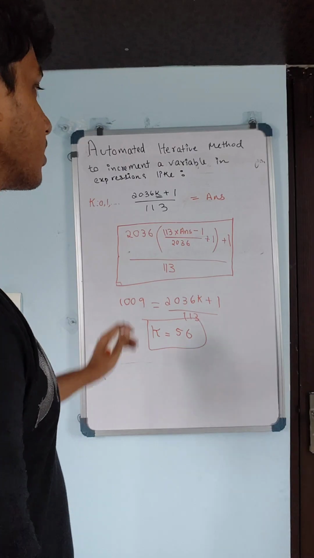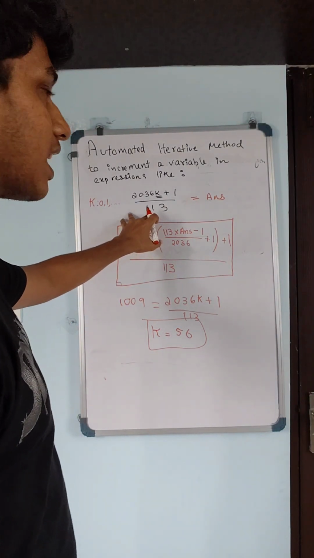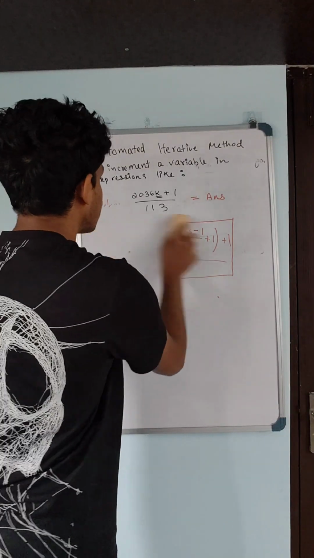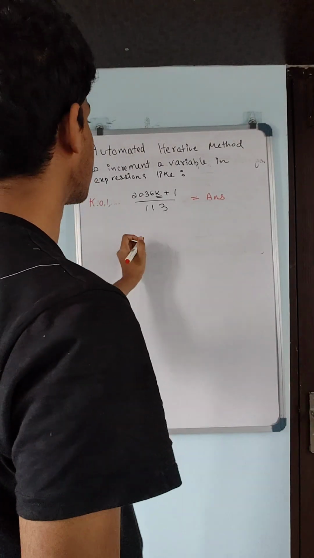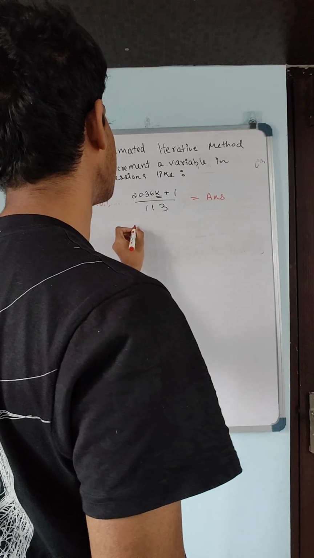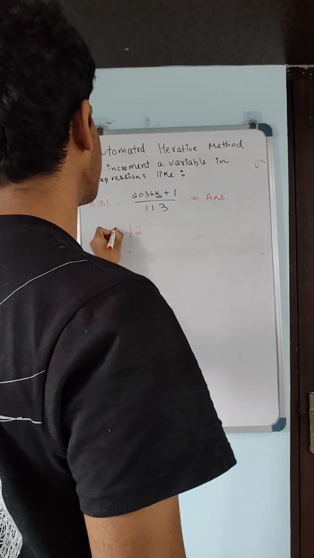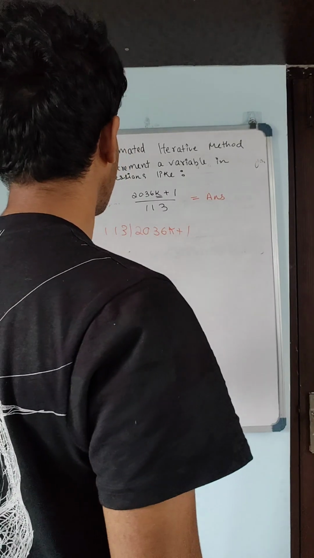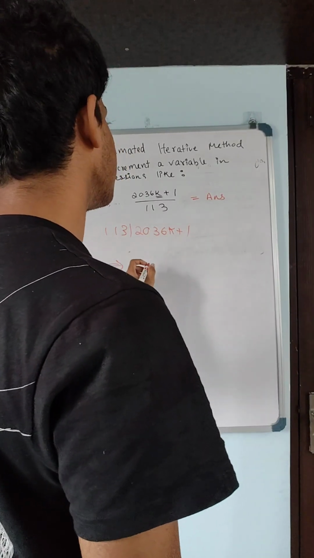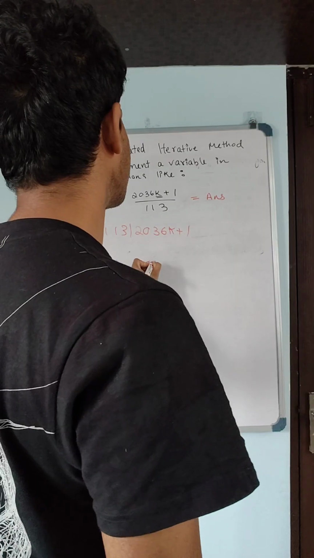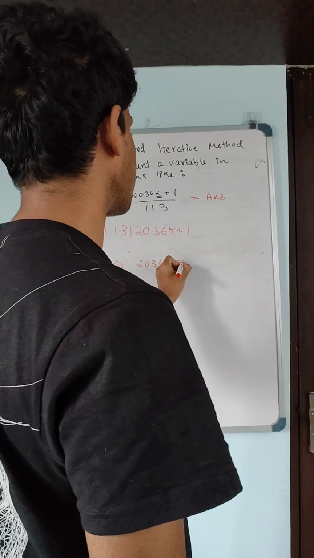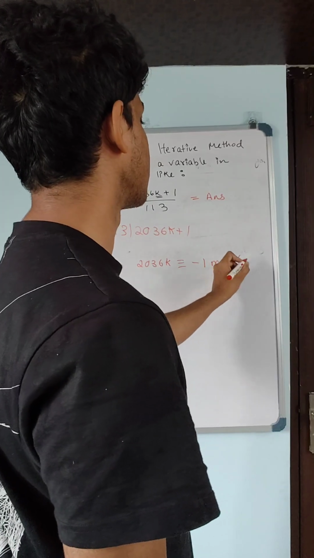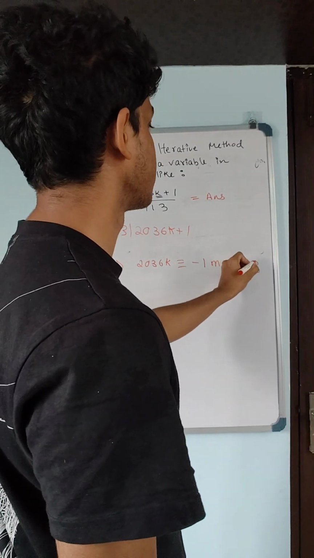And the standard way to solve this kind of thing by hand would be that 113 divides 2036k plus 1, and therefore 2036k is congruent to minus 1 modulo 113.